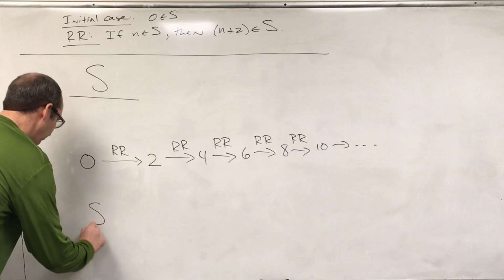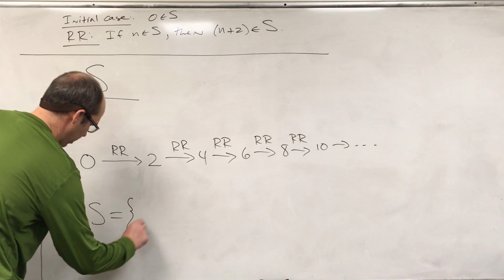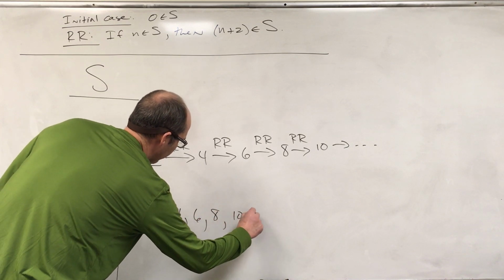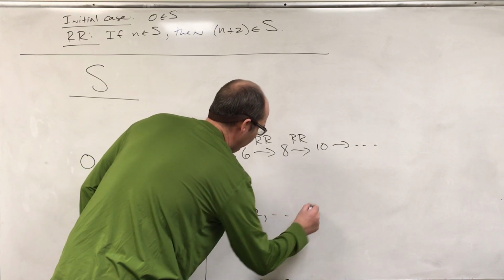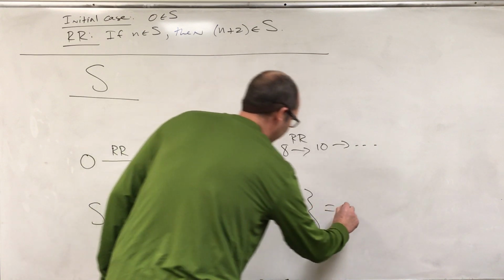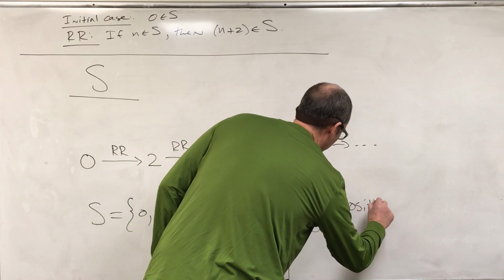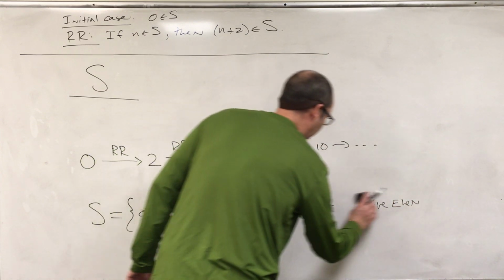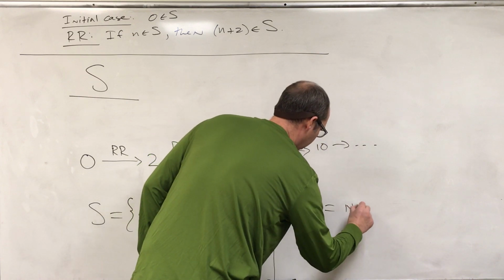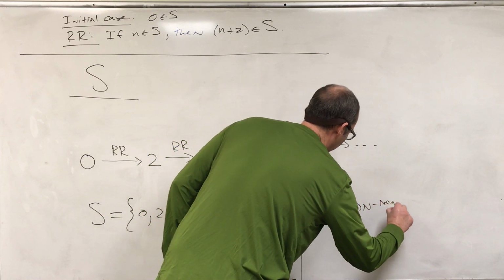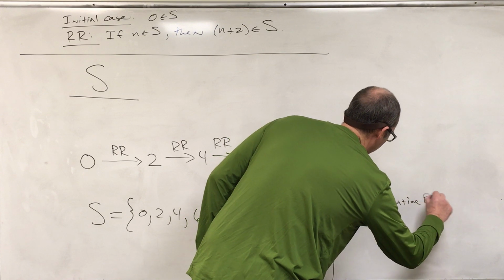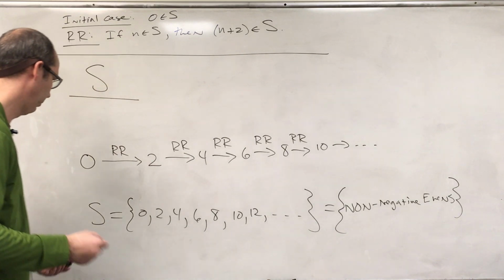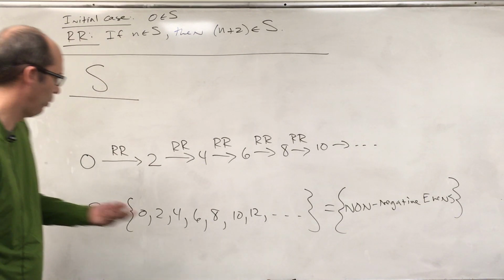So we see that S is 0, 2, 4, 6, 8, 10, 12, on and on forever. This is the positive evens, or positive or 0, right? So let's say non-negative evens.